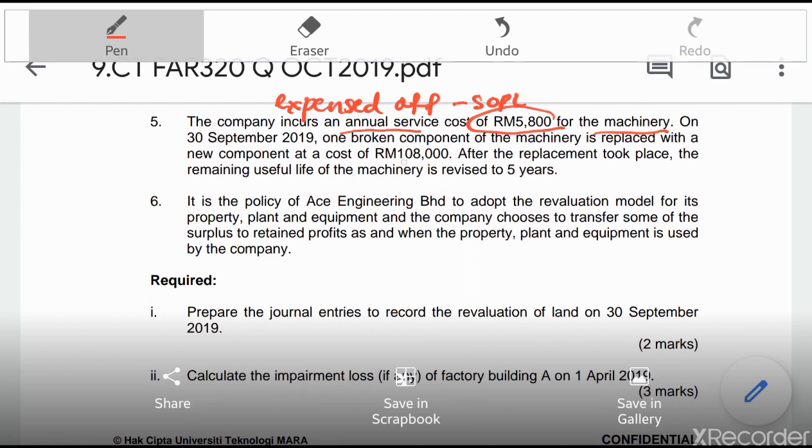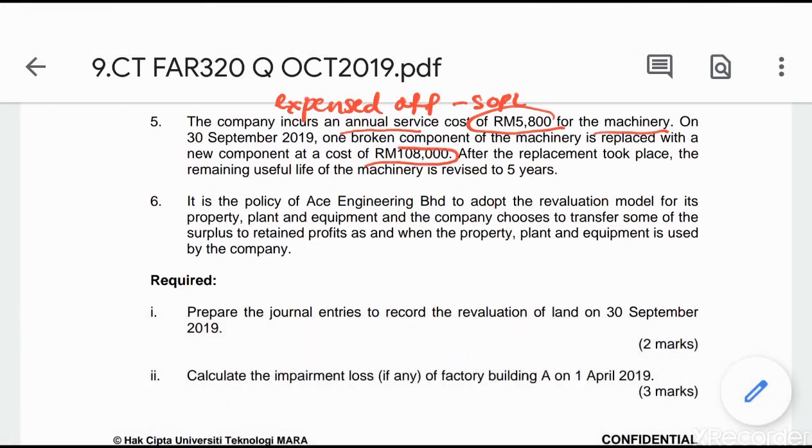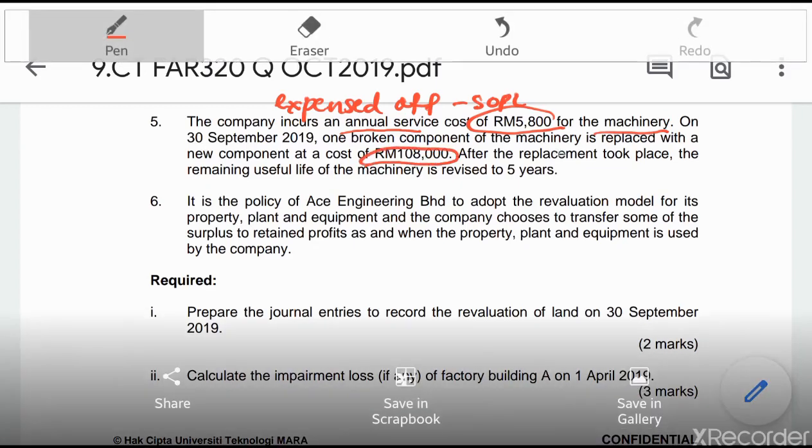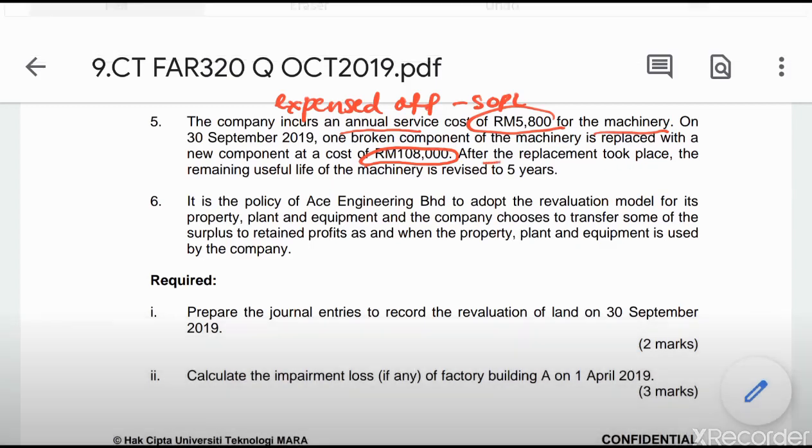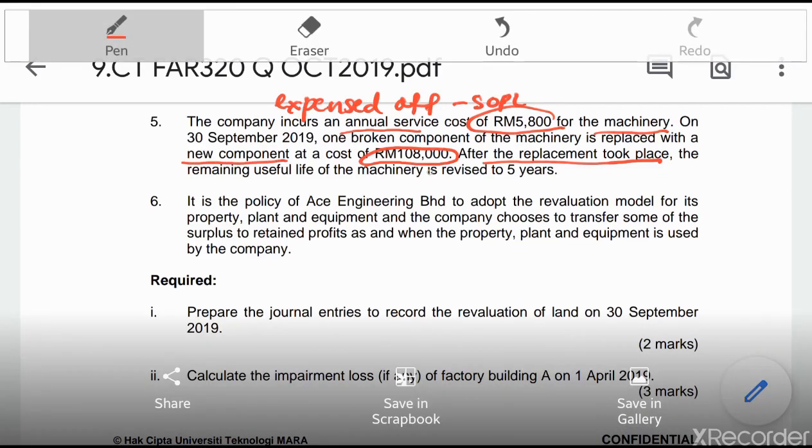So the new component costs you 108. So 108 is the new component that will be added to the existing machine. And if you add this new component to the existing machine, the cost of 108,000, after that replacement of component, the expected remaining useful life of the machine will be revised to 5 years.